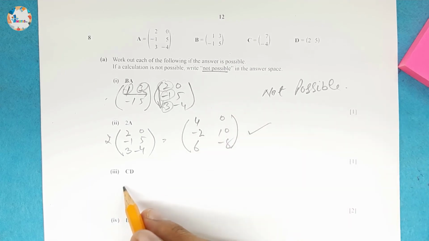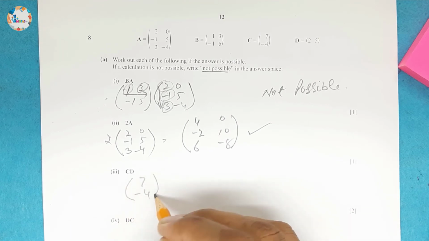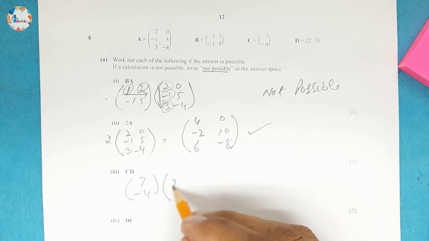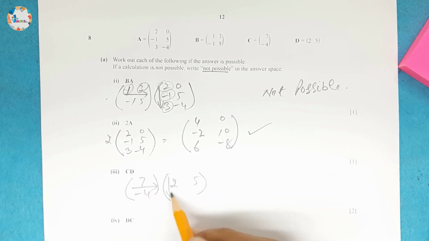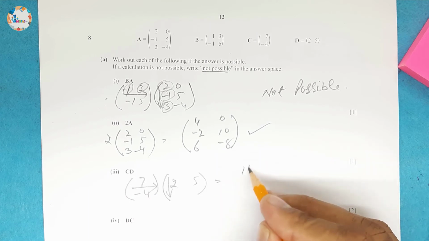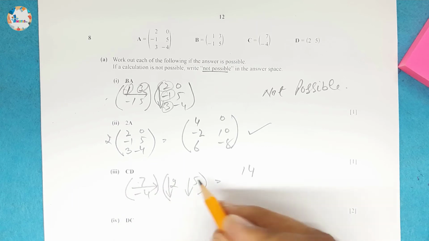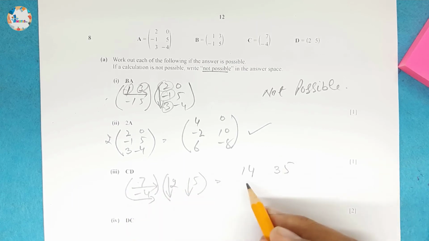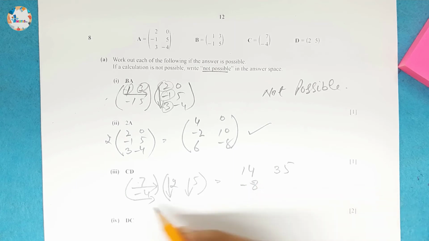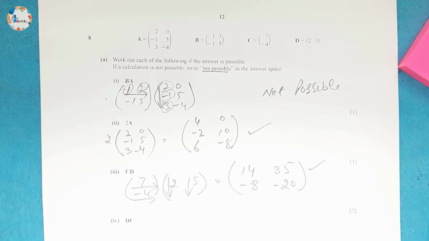Then CD first, so C will be 7 and minus 4, and D will be 2 and 5, so we can multiply first row, first column. This will be equal to 14, and first row, second column, 7 5s are 35. Then second row, first column minus 8, and second row, second column will be minus 20. So this will be our answer for this.